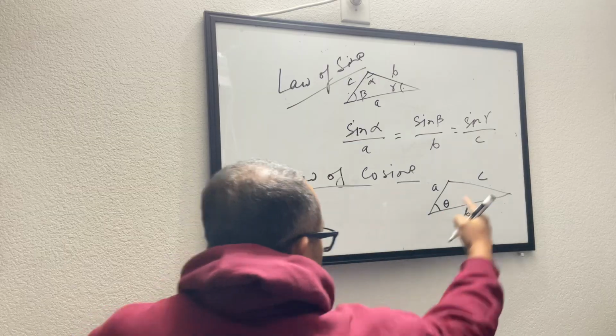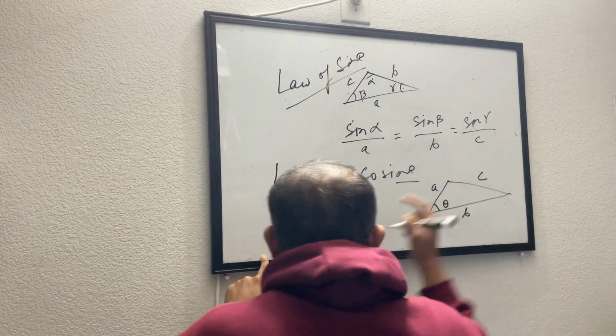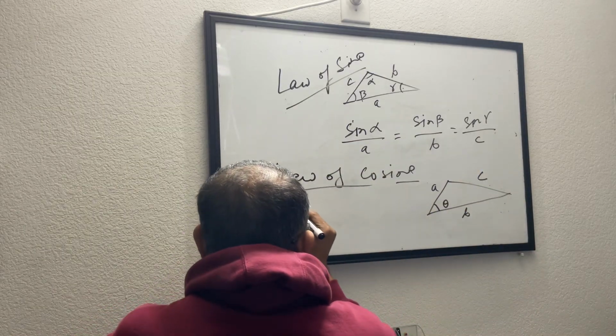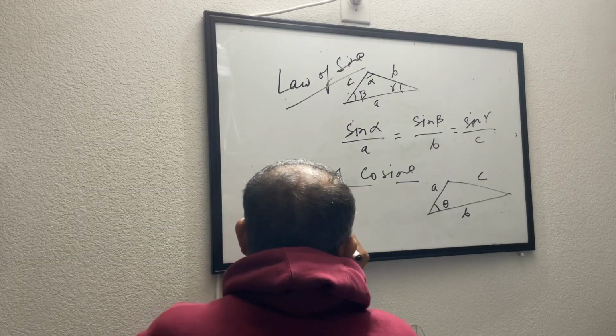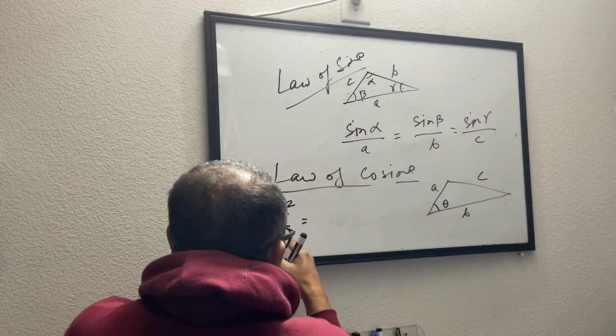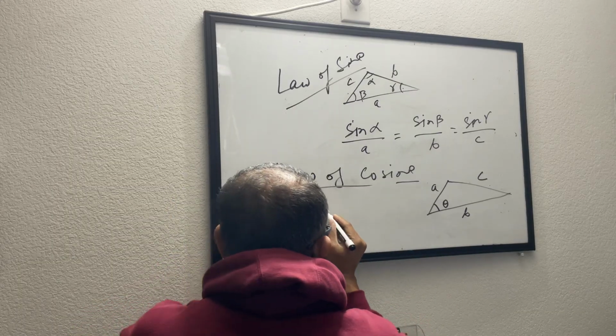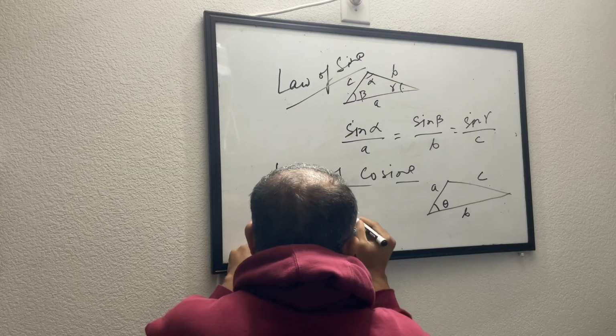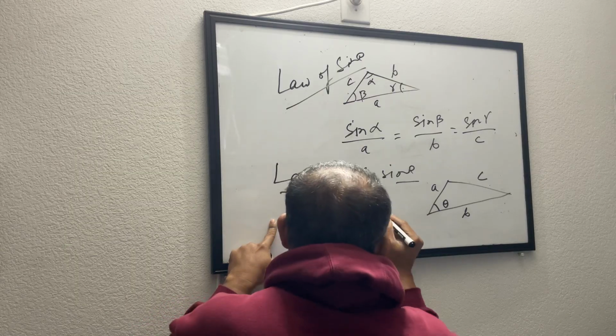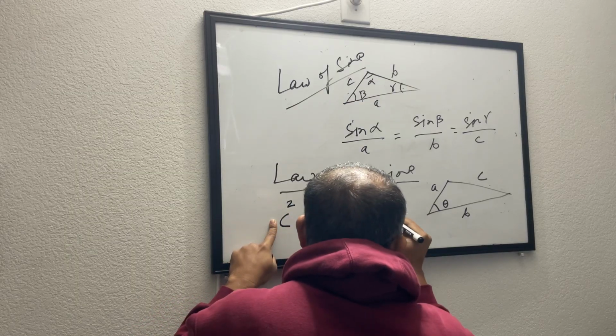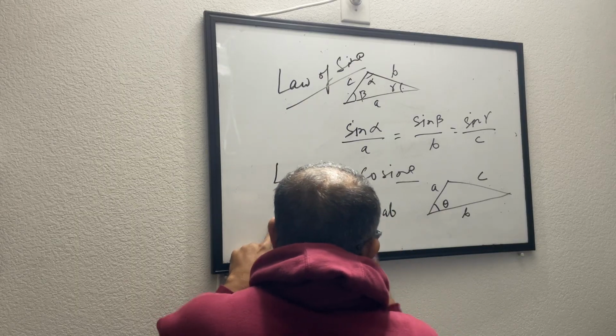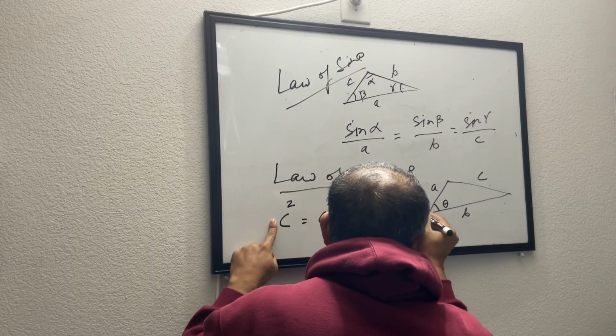It says the square of the side that is not known is equal to the square of the two sides minus 2 times the multiplication of the two known sides and the cos theta between them.